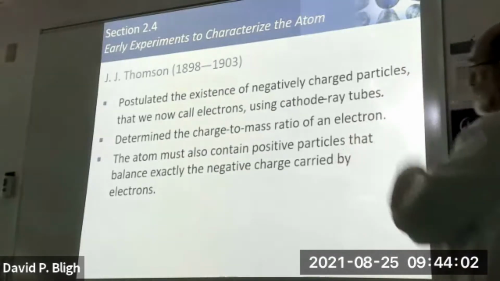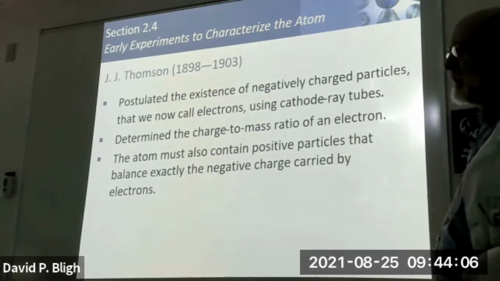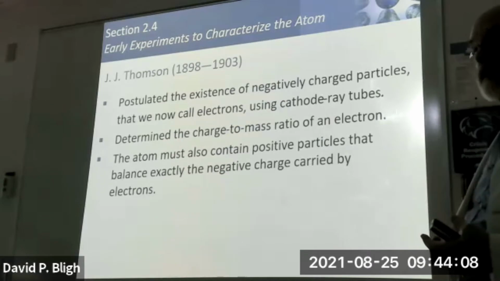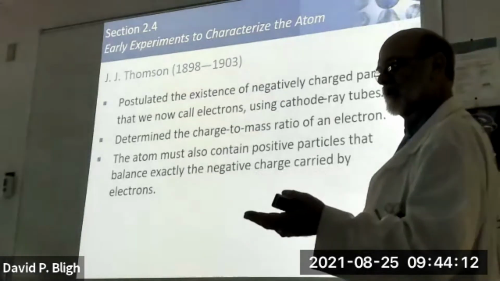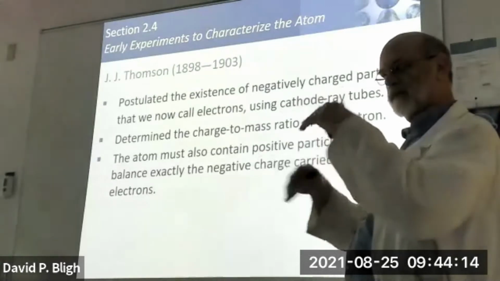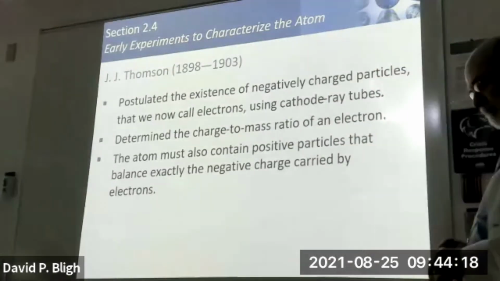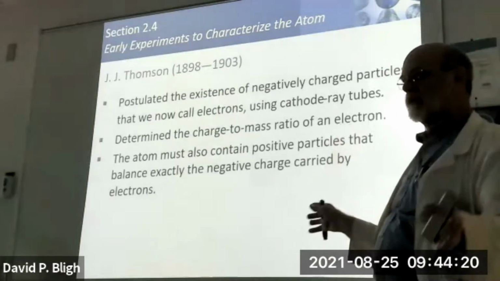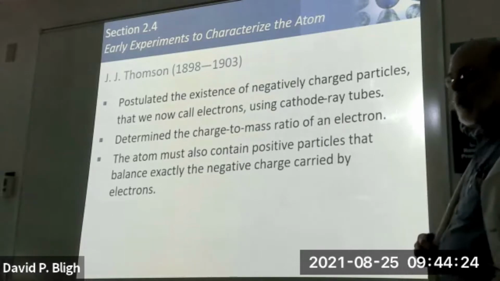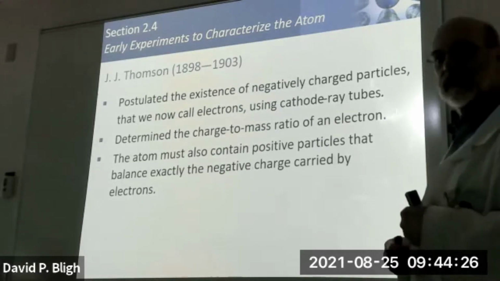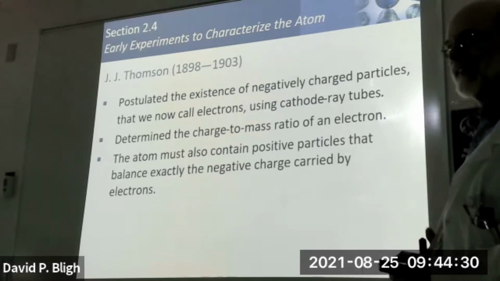Well, by the time J.J. Thomson rolled around, actually it was before that, in the 1700s, electricity had been discovered. And Volta had made his pile, different metals, zinc and copper, and you could make a battery. And it was all the rage in the salons of Europe. What you would do is come for a party and you'd have food and drink, and then you'd gather together for a little electricity.